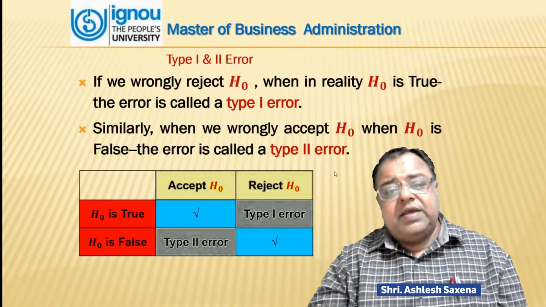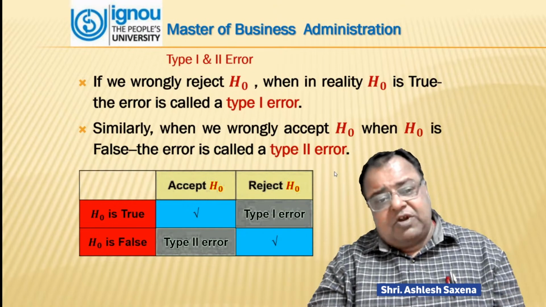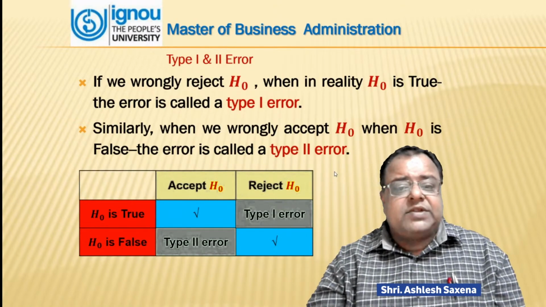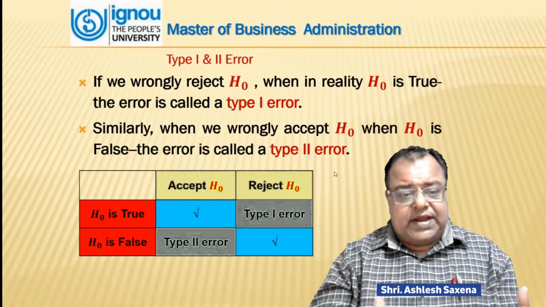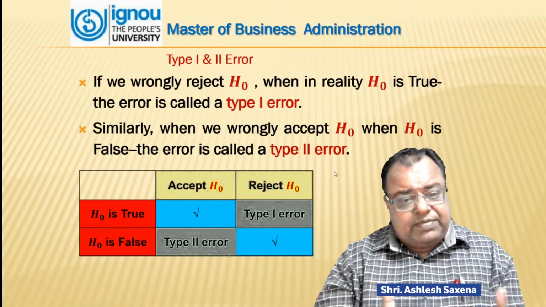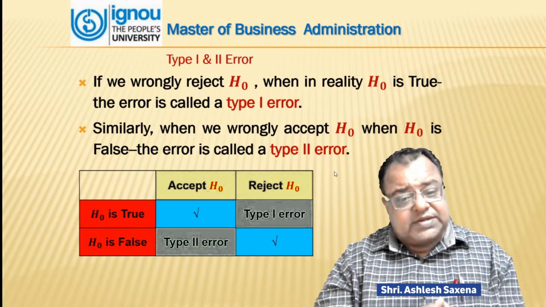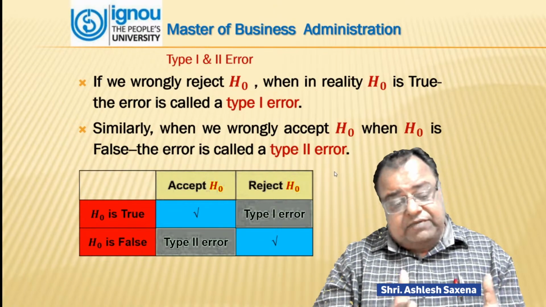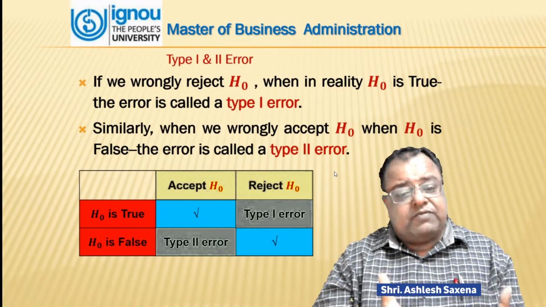And similarly, when we wrongly accept H0 when H0 is false, the error is called type 2 error. So in the diagram here, we can see that if H0 is true, we accept H0. And if we reject H0, that is type 1 error. And if H naught is false and we are accepting H naught, that means it is a type 2 error.